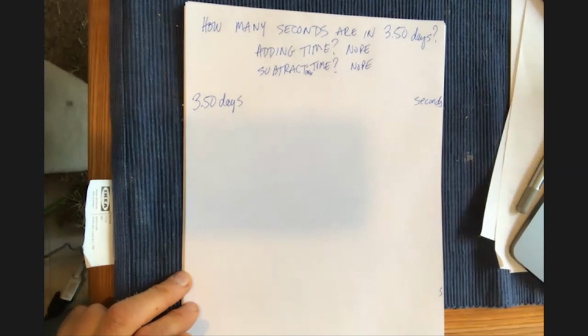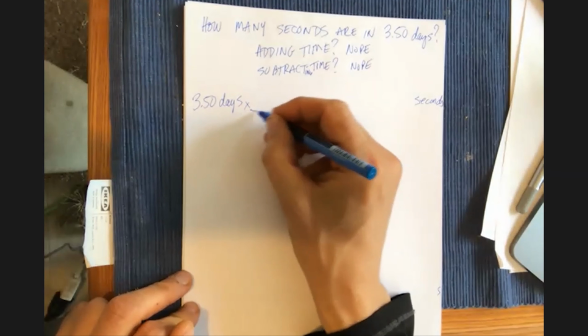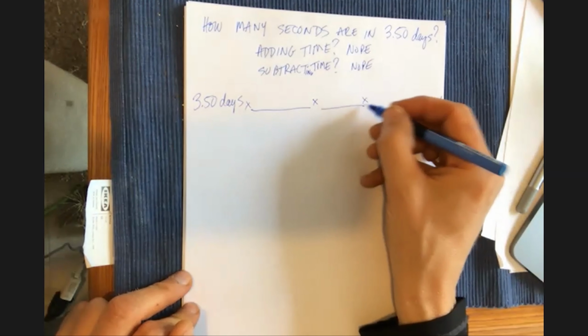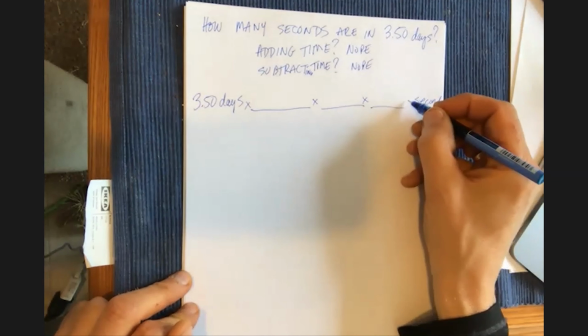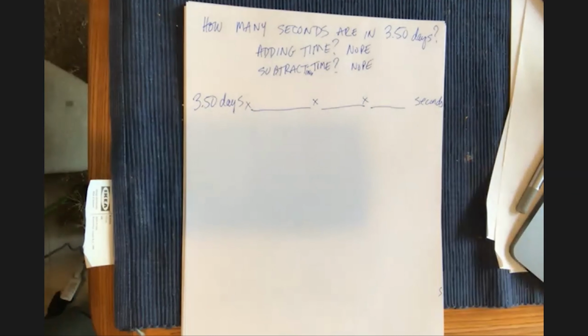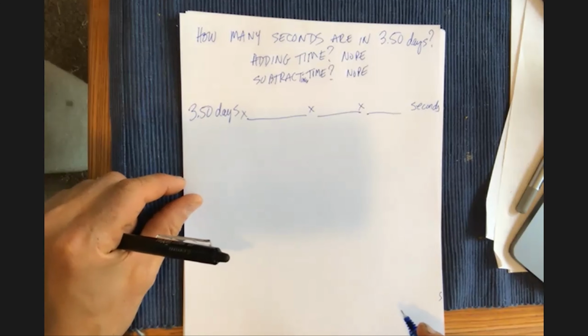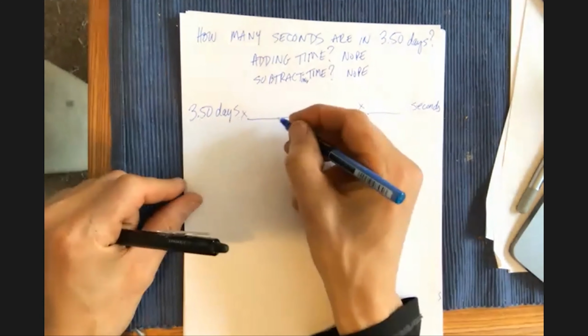And almost everybody in this course can do this so easily, but it might be a good idea to formalize it a bit. So I've got to get from days to seconds. Give me some things that are equal to 1 that I can use in there, Kevin. So how many hours are in a day? Okay.